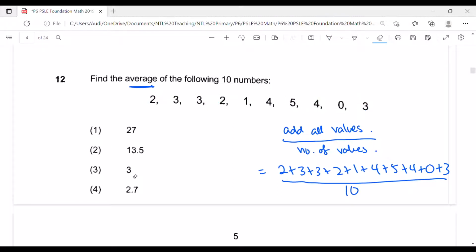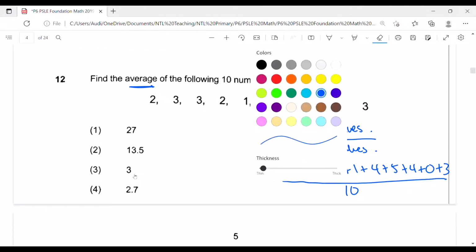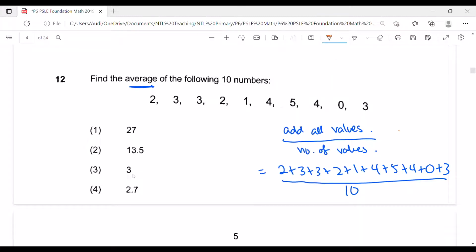Now I'm going to teach you a shortcut on how to add numbers up. You see this 2 and 3, they become 5. 3 and 2 becomes 5. 1 and 4 becomes 5. This 5 and 4 becomes 9.